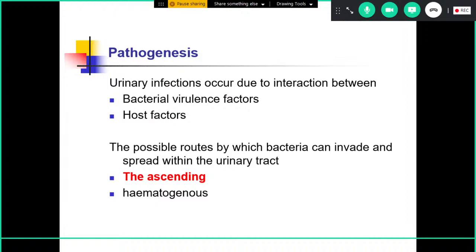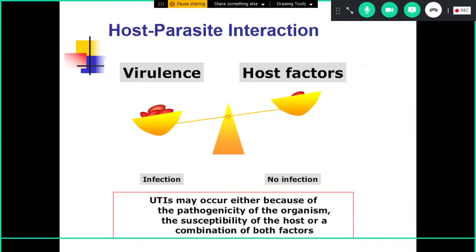Ascending is most common, that is why I have colored it differently. This is simply to show the host parasite interaction where we see that if the virulence factors take over, they lead to infection. So UTI may occur either because of the pathogenicity of the organism, the susceptibility of host, or a combination of both the factors.